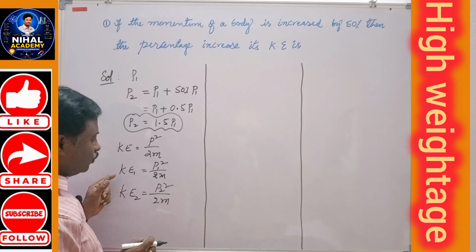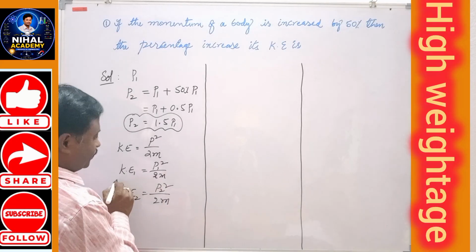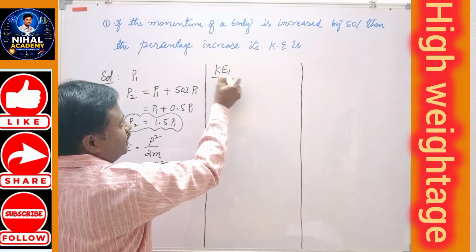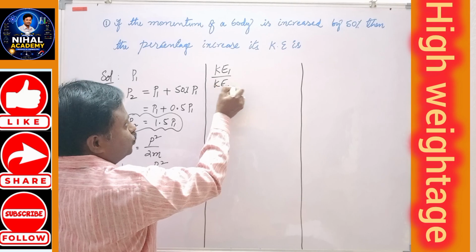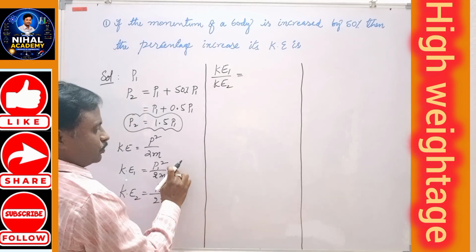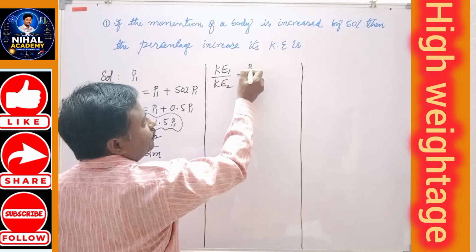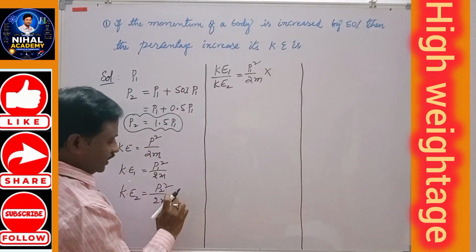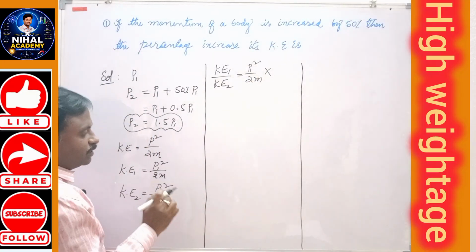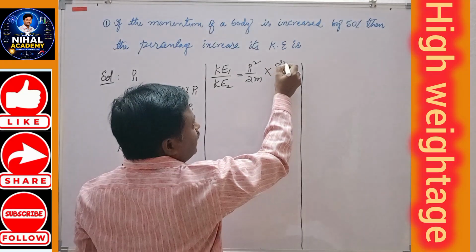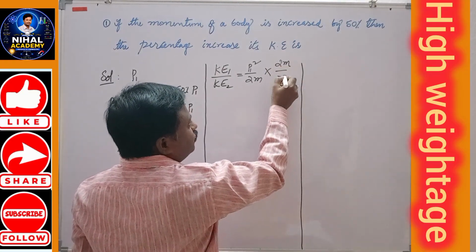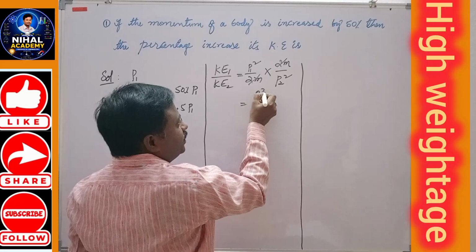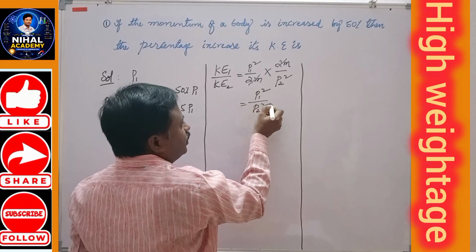Now we'll take the ratio of these two. KE1 by KE2 is equal to P1 square by 2m, into the reciprocal of the second value, that is 2m by P2 square. The 2m cancels, so this is equal to P1 square by P2 square.